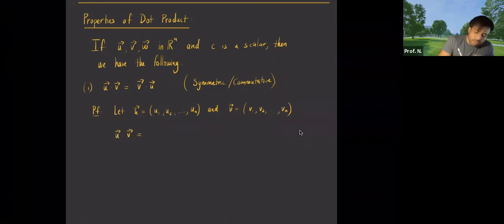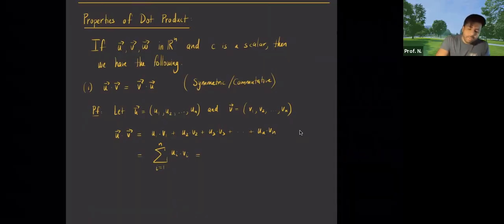Well, isn't it u1 times v1 plus u2 times v2 plus u3 times v3 all the way to un times vn? And if you want, you can rewrite this in shorthand notation as the sum as i goes from 1 through n of u sub i times v sub i.